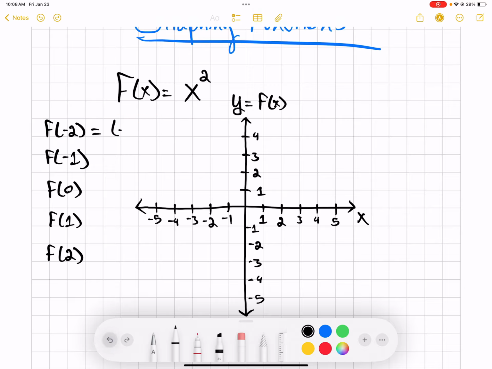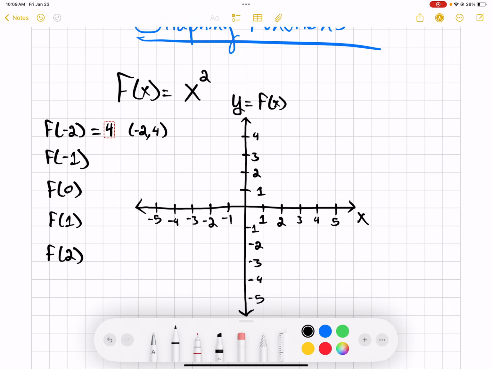If I wanted to write this as an xy coordinate point, I would write (-2, 4). This is saying that when x is -2, y is 4. When the input is -2, the output is 4.